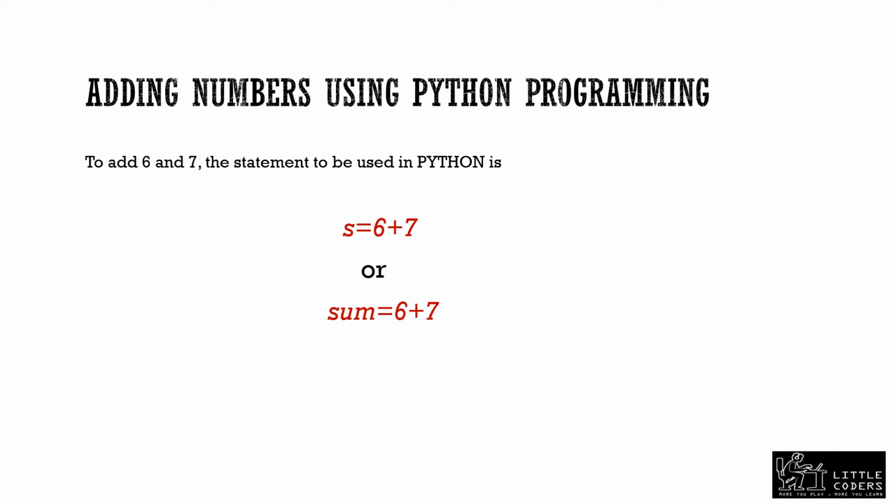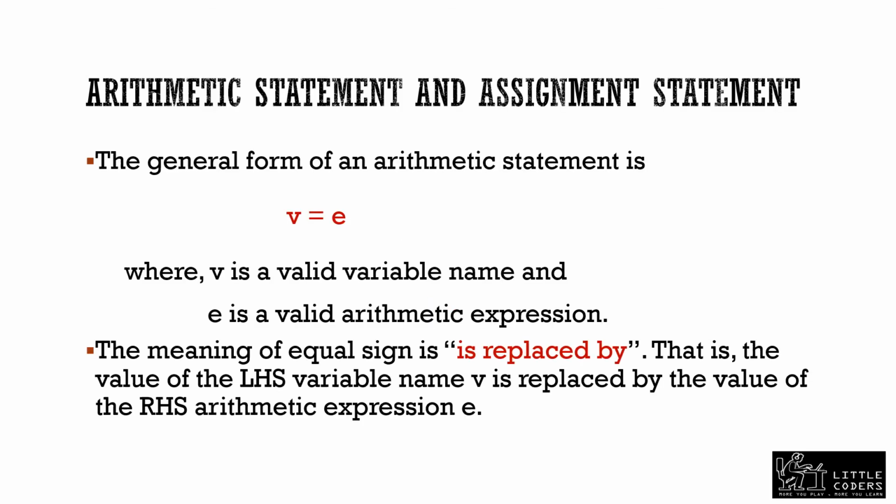That is, 6 and 7 are added and the result is stored in the place called s. Or if I write sum is equal to 6 plus 7, once again 6 and 7 are added and the result is stored as sum. This shows that we can add any numbers and equate the result to some variable.